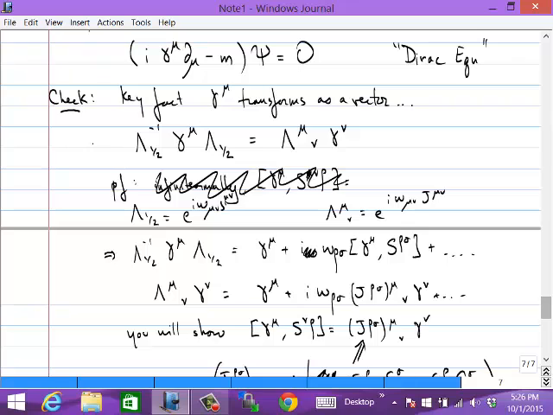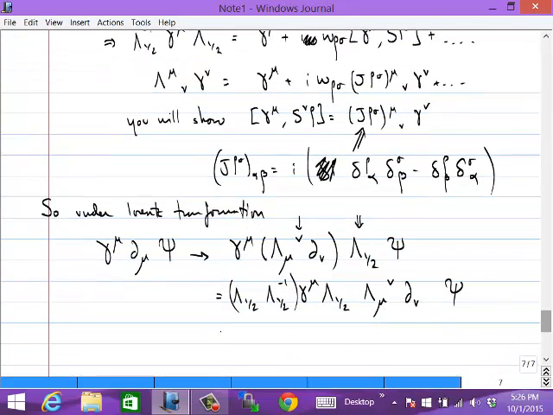I can now use this fact that when you conjugate gamma by lambda to the 1/2, you get a Lorentz matrix. So that is lambda to the 1/2 times gamma alpha lambda alpha mu, and then we get this term here, lambda mu nu d nu psi.